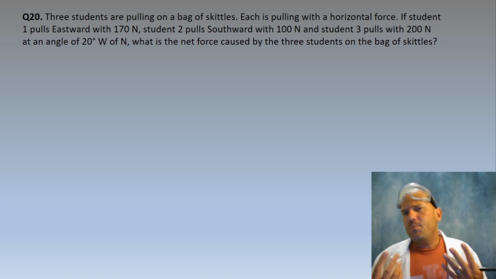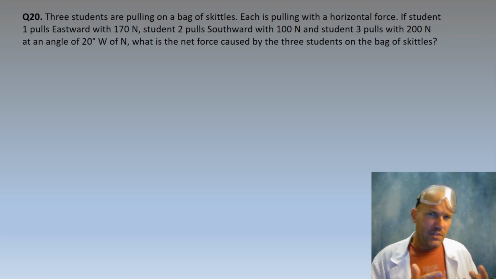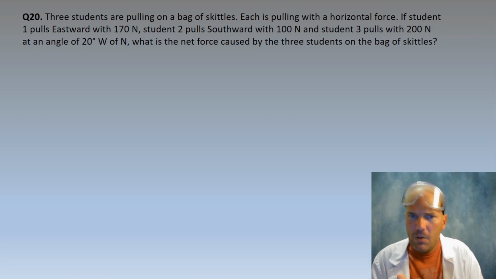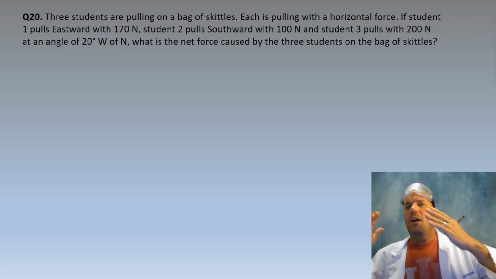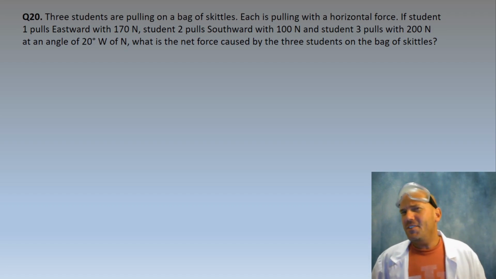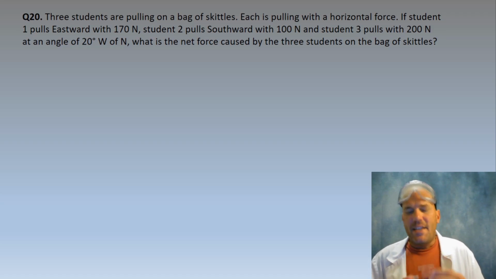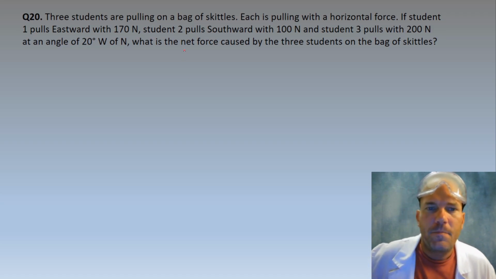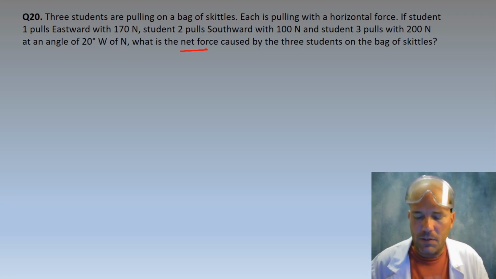If student 1 pulls eastward at 170 newtons, student 2 southward at 100 newtons, and student 3 200 newtons, but at an angle of 20 degrees west of north. So there's those cardinal directions, west of north. What is the net force caused by the 3 students on that bag of Skittles?